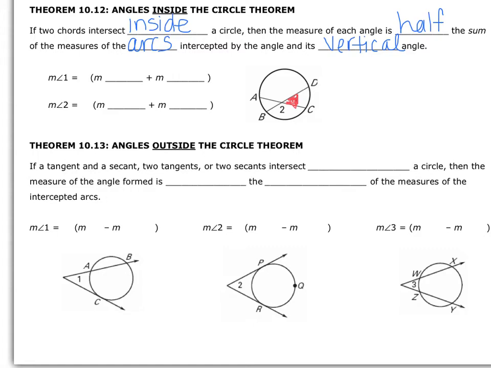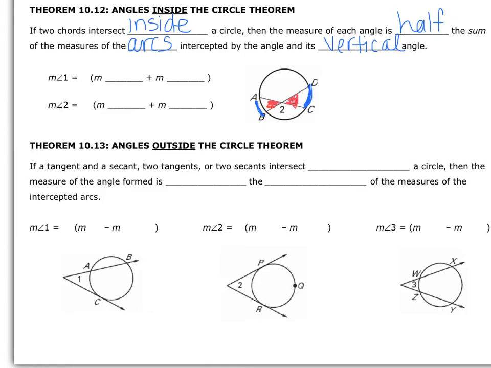So the intercepted arc for this angle is there, CD, and also number 1 has a vertical angle over here, and you're going to also use that intercepted arc. So that's where it says that the measure of each angle is half the sum of the measures of the arcs intercepted by the angle. So this is the arc intercepted by this angle, and the arc intercepted by its vertical angle.